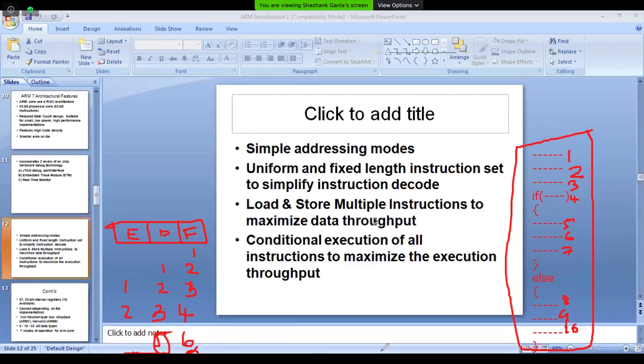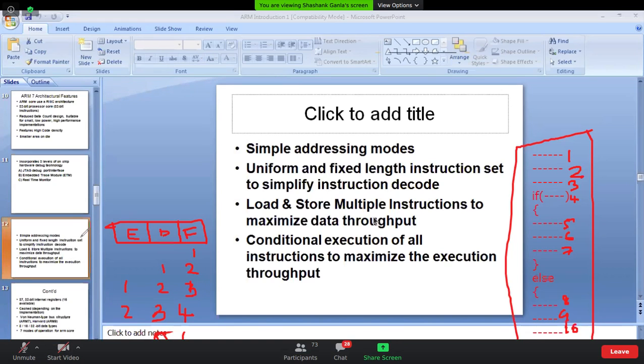ARM architecture supports this feature, letting these instructions pass off and execute as NOPs. This is called conditional execution. I hope you have understood this. Have you understood this? Okay.